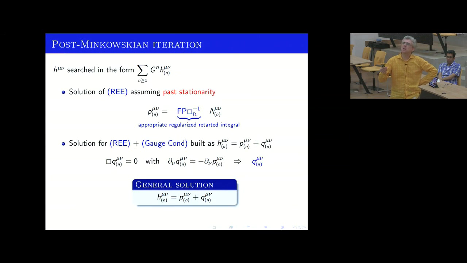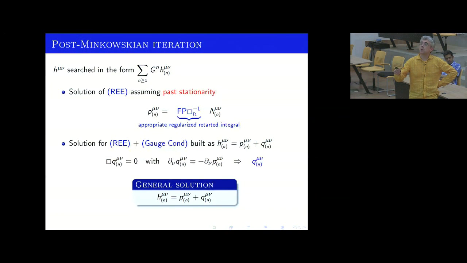And if we assume that the solution is known at the previous order, you can compute the next order by using some box^-1 operator. Actually, box^-1 is not a convergent integral, because the retarded integral does not converge when applied on multipolar sources. But you may cure this by using appropriate regularized retarded integrals. And they are still solutions of the wave equation, so it's okay.